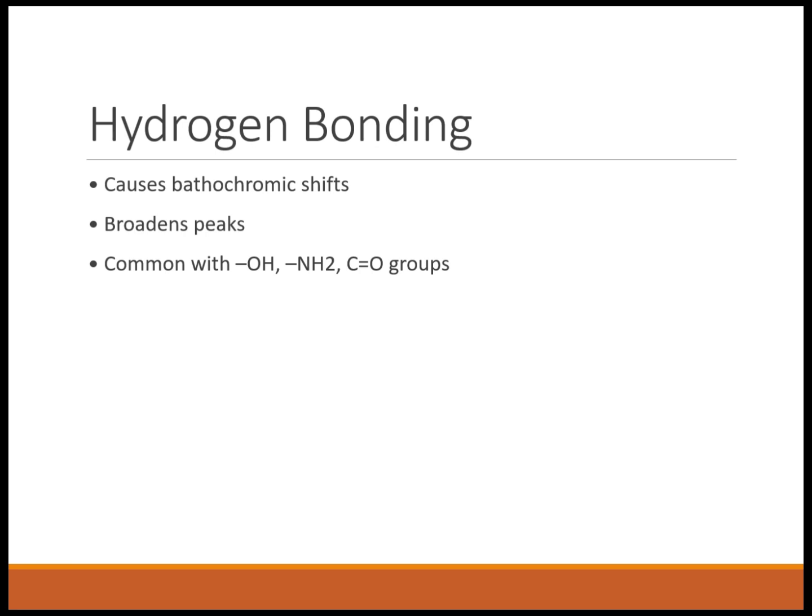Now we will discuss the hydrogen bonding. Hydrogen bonding alters electron density and changes the environment around the chromophores.